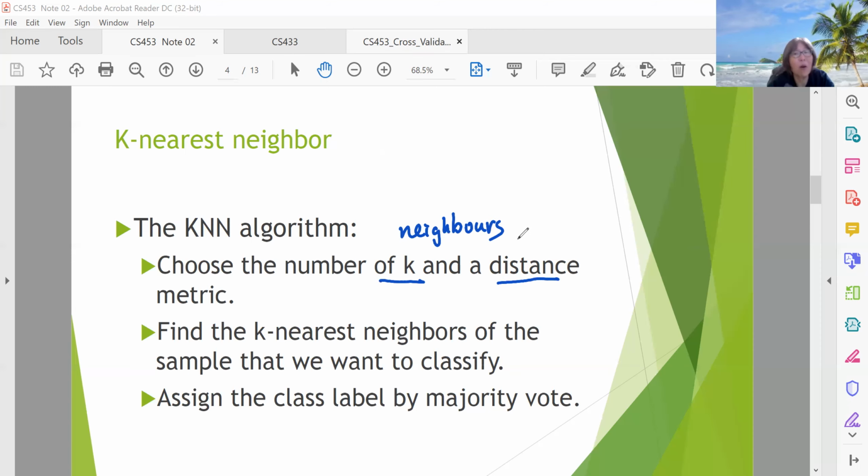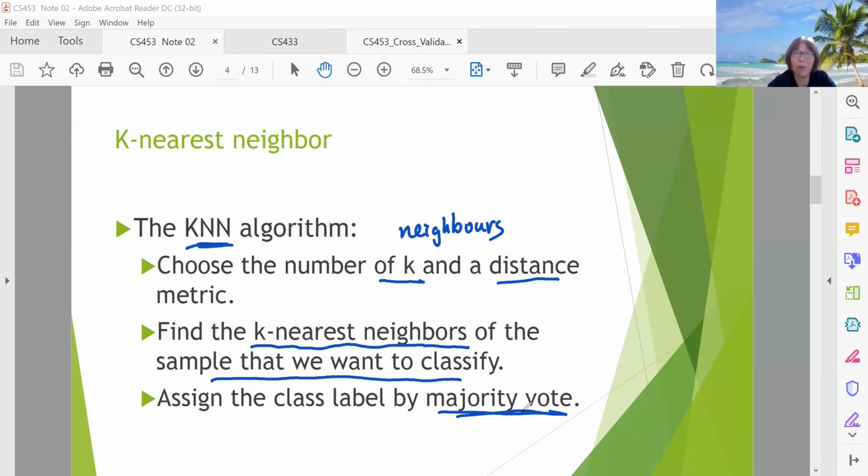So how far away you define as neighbors. So these two parameters are the key points for KNN: number of neighbors and the distance. Then the algorithm finds the K nearest neighbors of the sample that we want to classify, then you assign the class label by majority vote, okay?